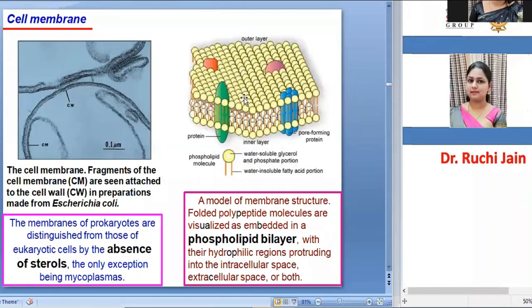So this is the basic structure of the cell membrane, which consists of a phospholipid bilayer as well as different types of proteins. So this is the polar head, and this is the tail structure of phospholipid molecules. So this is the water insoluble fatty acid portion, and this is the water soluble hydrophilic portion.